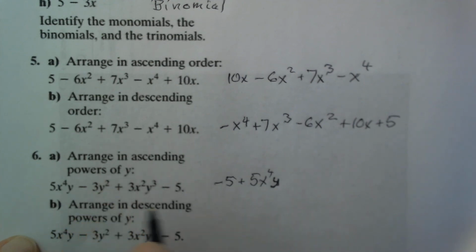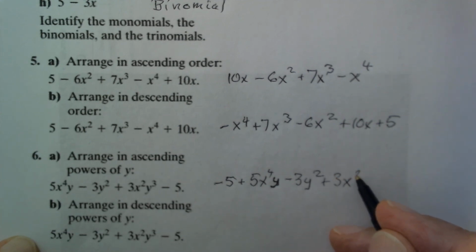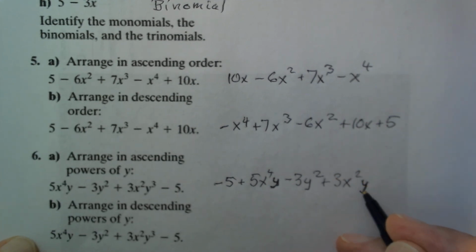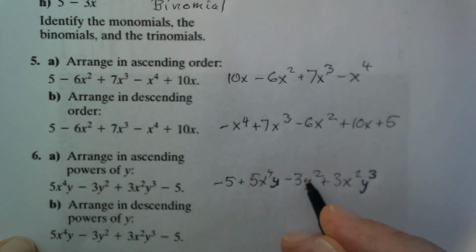And then there's a y squared, so minus 3y squared, and there's a y to the third, so plus 3x squared y to the third. So again, it's about the ascending powers of y. I'm going to emphasize that a little bit more here.